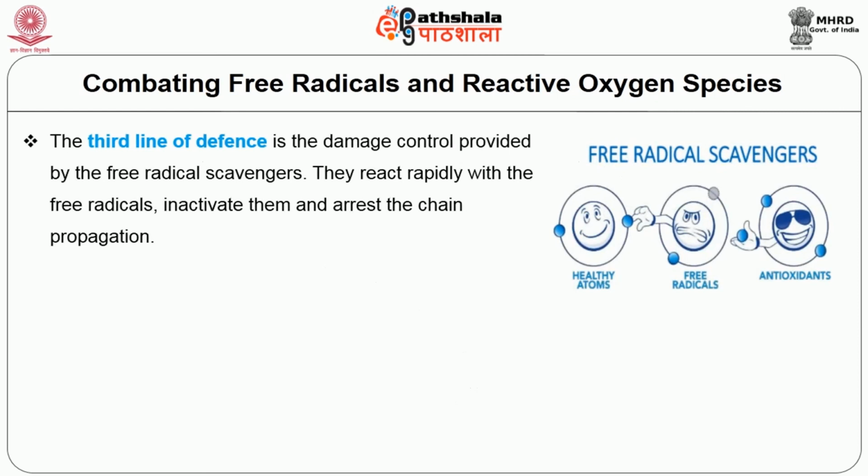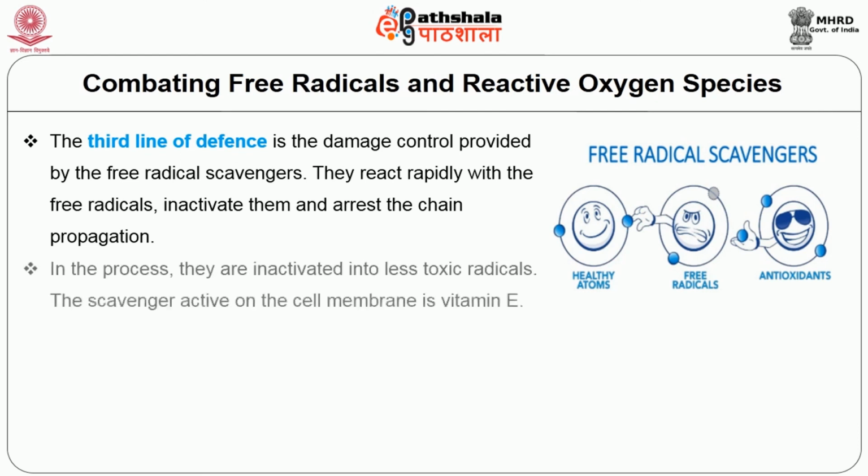The third line of defense is the damage control provided by the free radical scavengers. They react rapidly with the free radicals, inactivate them and arrest the chain of propagation. In the process, they are inactivated into less toxic radicals.